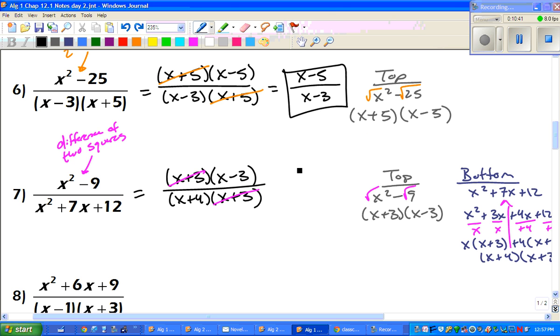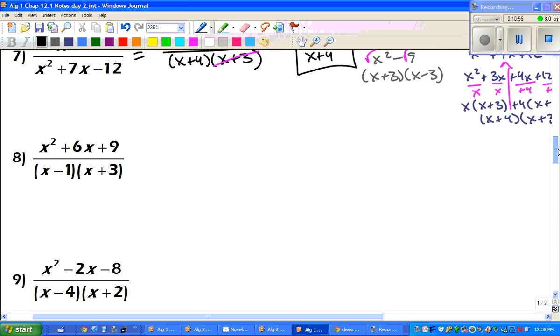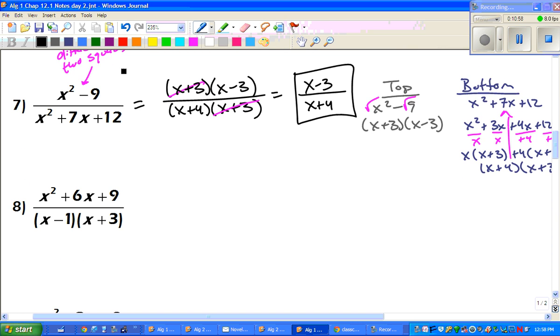And then we get, as our final answer, x minus 3 over x plus 4. So always try and factor everything out, 100%.